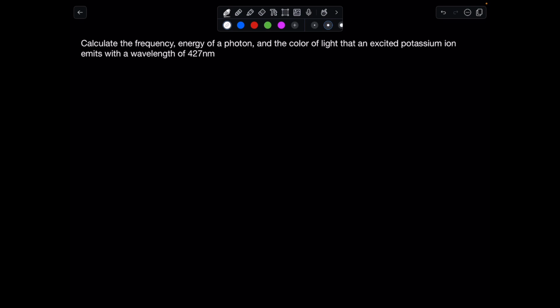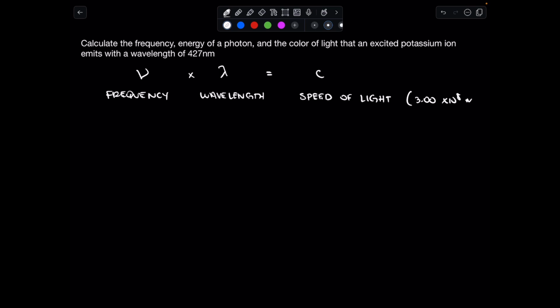To begin, we're going to use our equation, which is nu, or frequency, times lambda, or wavelength, is equal to c, or the speed of light, which in our case we'll use the term 3.00 times 10 to the 8 meters per second.